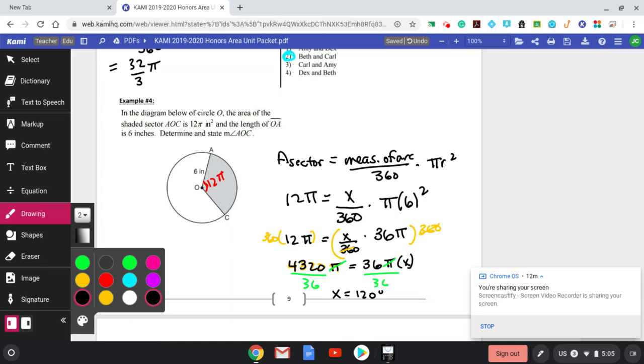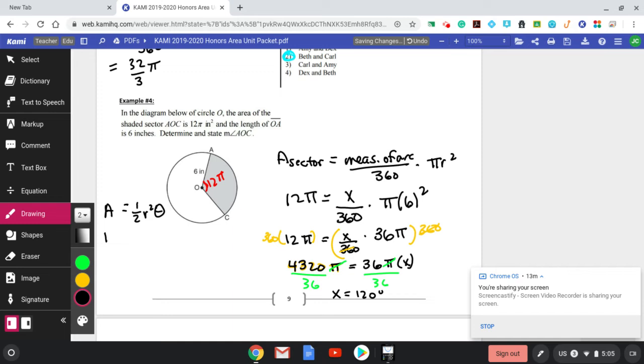Could you have also used area equals 1/2 r squared theta and done it that way? Sure, absolutely. We could have said 12 pi equals 1/2 times 6 squared times theta, which is the angle I'm trying to find, and I'm doing this because we're in honors. 12 pi equals 1/2 of 36, which is 18, times theta.